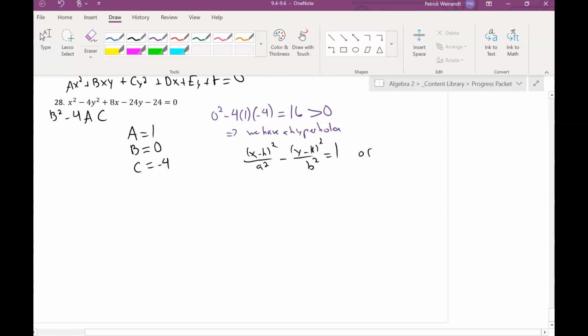Or we kind of want the opposite of that. We want y minus k squared over a squared minus x minus h squared over b squared equals 1. And we have to figure out which one is which.